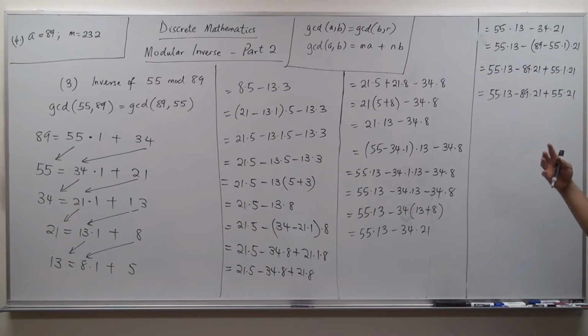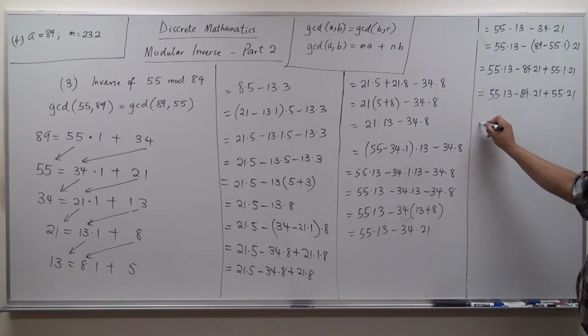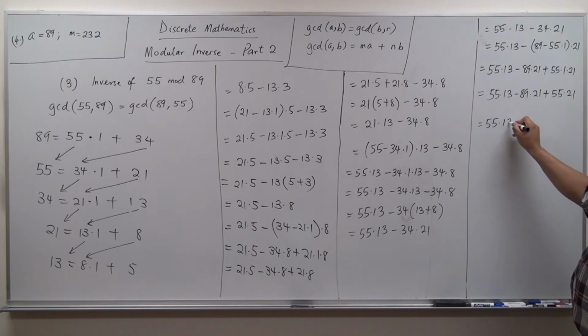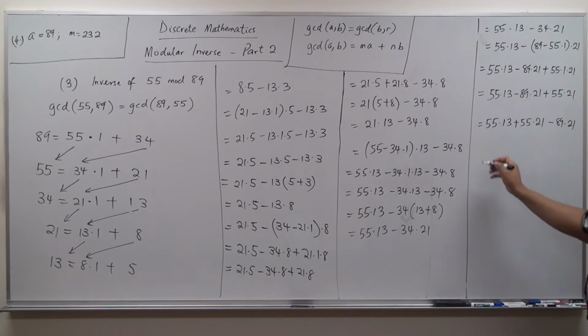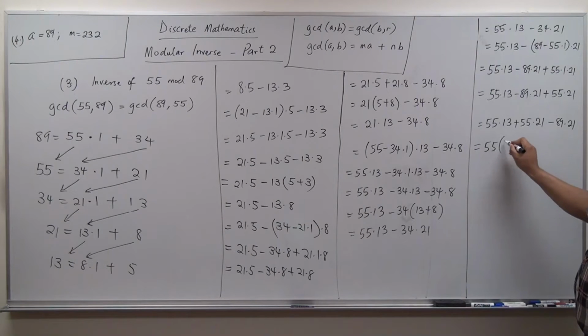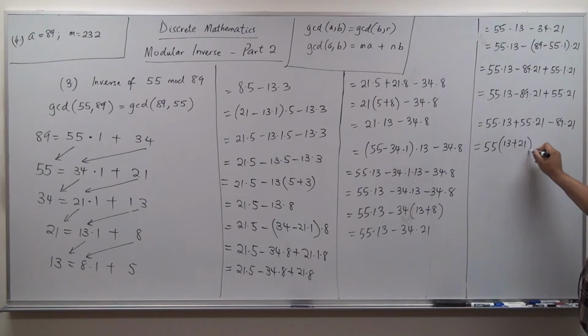So I get the 55s, the like terms. So this is now 55 times 13 plus 55 times 21 minus 89 times 21. So this is 55 times (13 plus 21) minus 89 times 21. Okay?